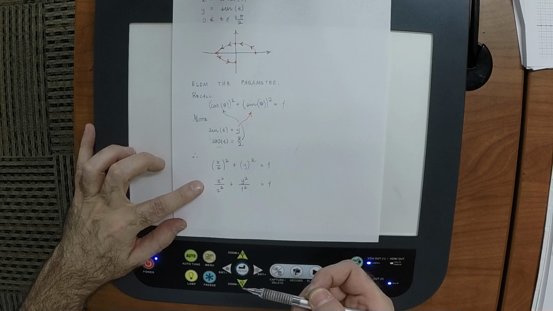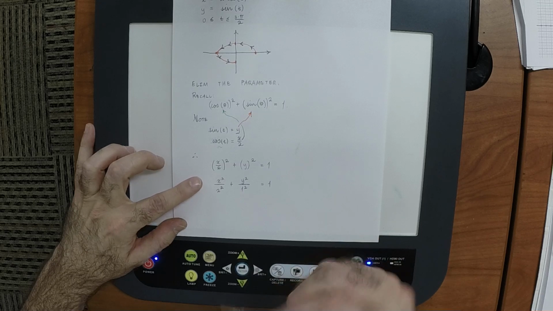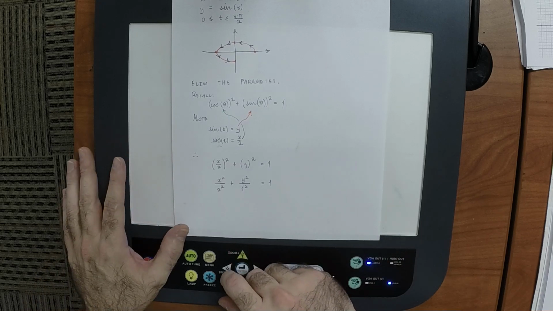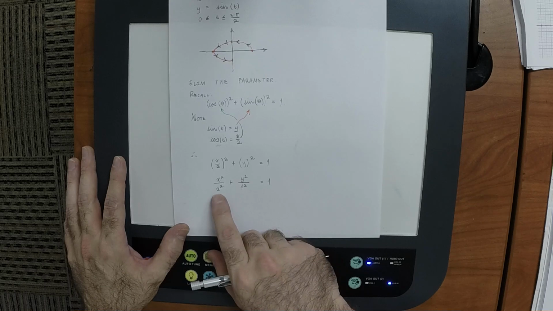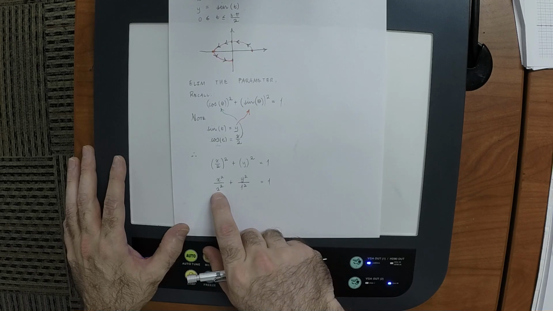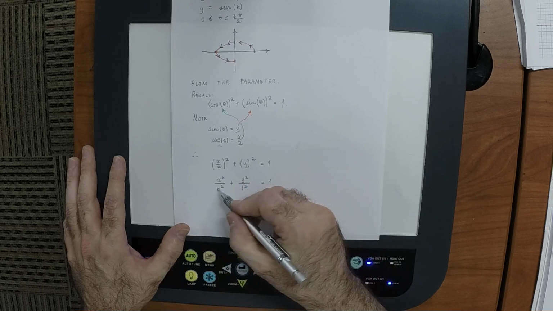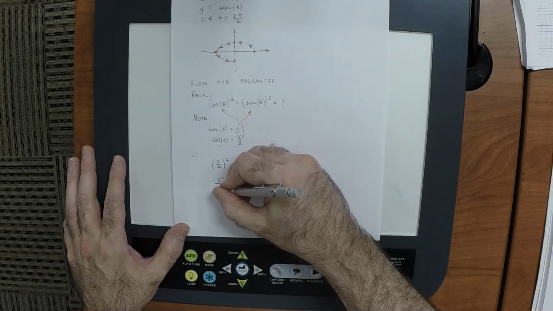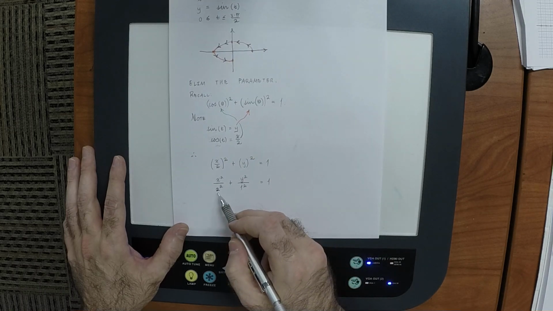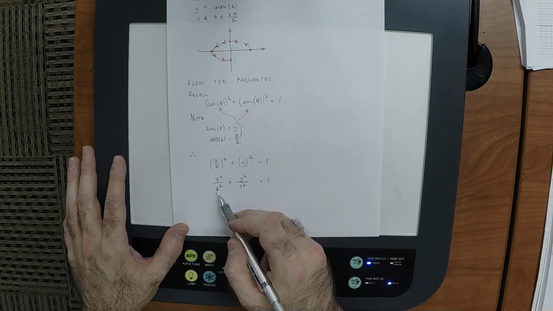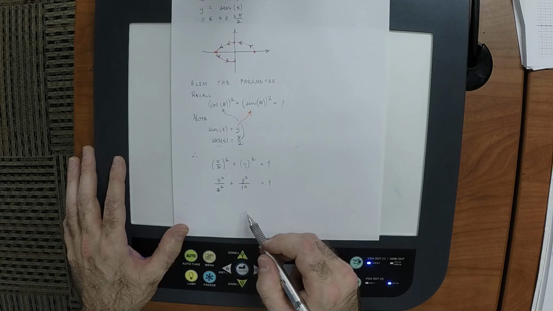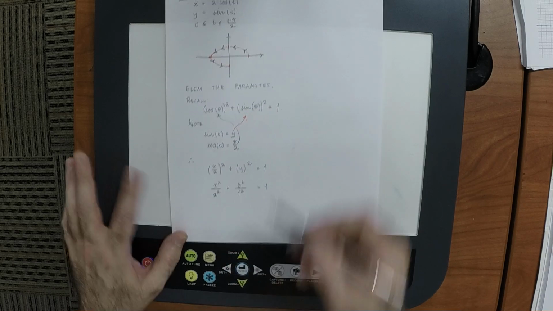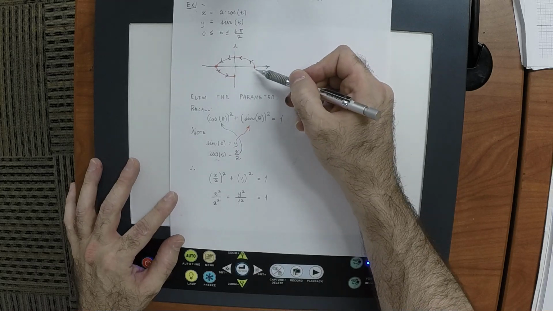This is an ellipse, right? What is the x radius? 2. So it's whatever that number is. So that's why you've got to write it in that standard form. So it's that number, 2. And what is the y radius? 1. That's exactly what that is.